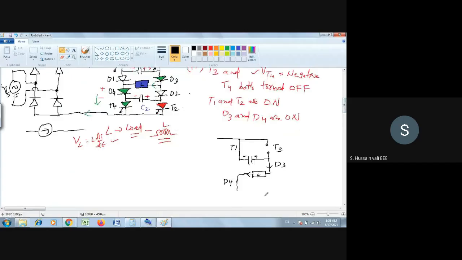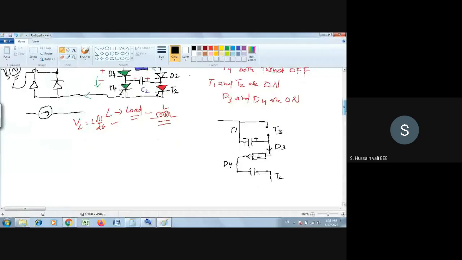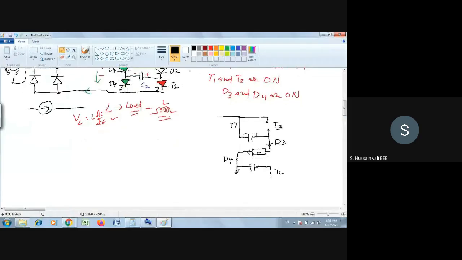So then it is D4. After D4, we have a capacitor. Then T2 is on. T2. This is T4. T3 and T4 are off, as we have just seen. Yes. This is ID.